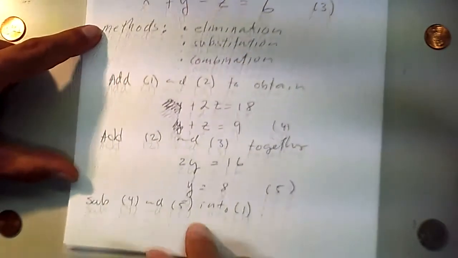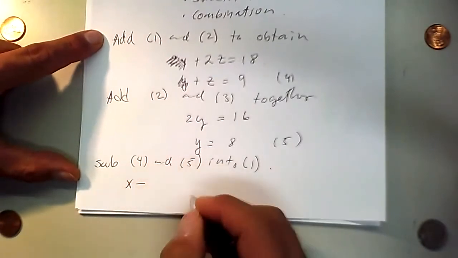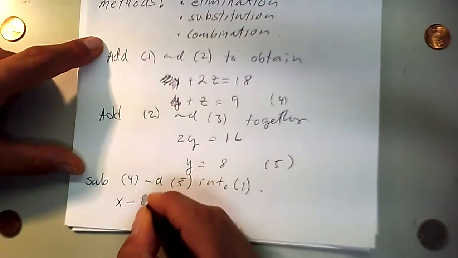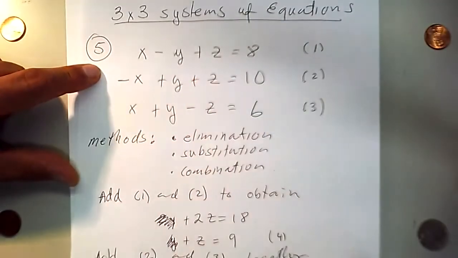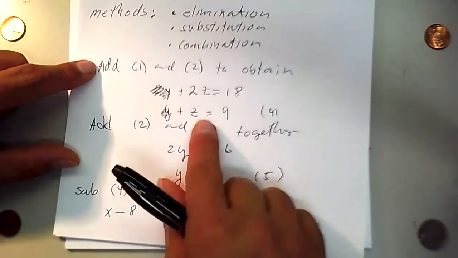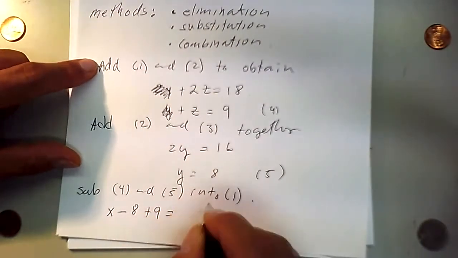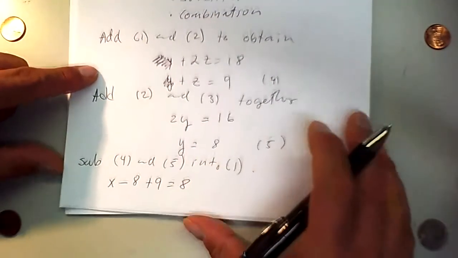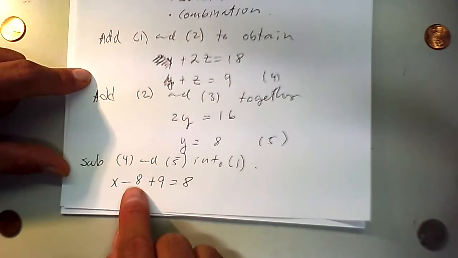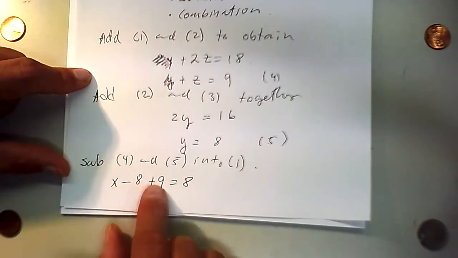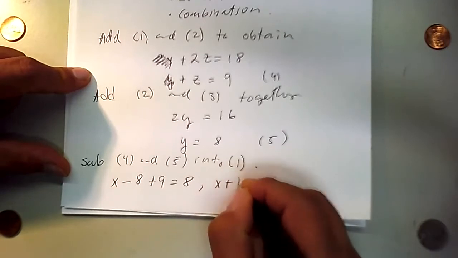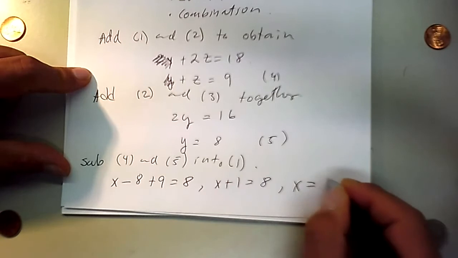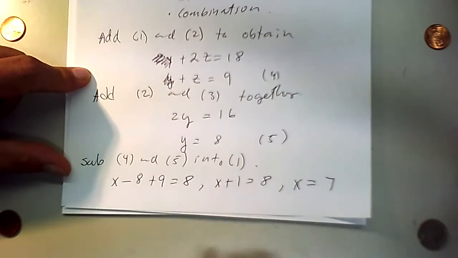So x, we don't know what x is, minus y, we found it to be 8, plus 9, because z is 9, equals 8. So that is x plus 1 when we simplify those two, x plus 1 equals 8. And that, of course, means that x is equal to 7. 7 plus 1 equals 8.